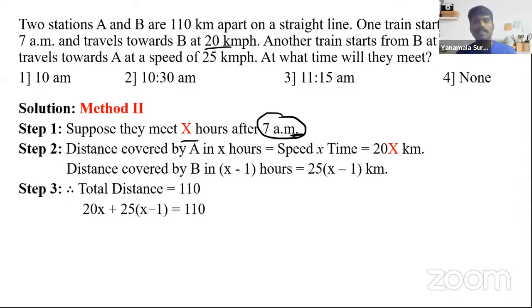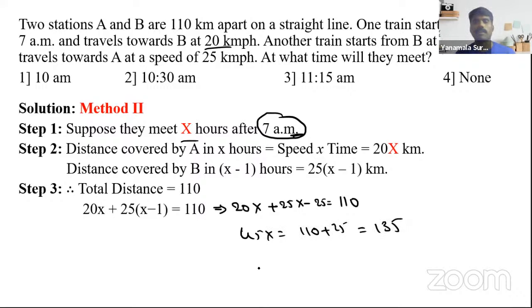Further we can simplify this: 20x plus 25x minus 25 equal to 110. So this can be written as 45x equal to 110 plus 25, which is equal to 135. Now x equal to 135 divided by 45, which is equal to 3 hours.